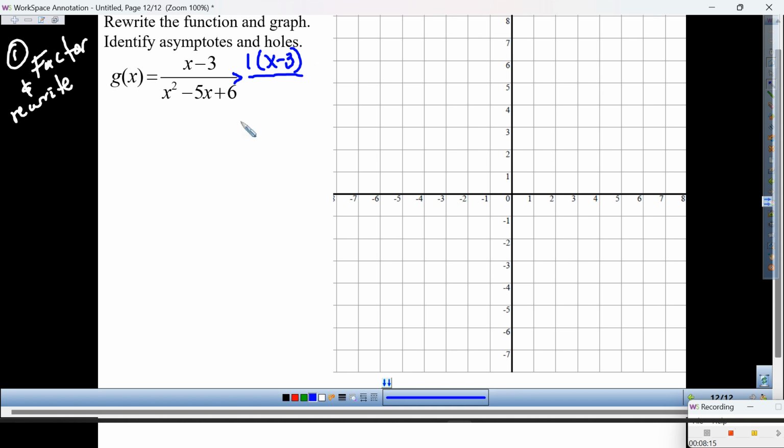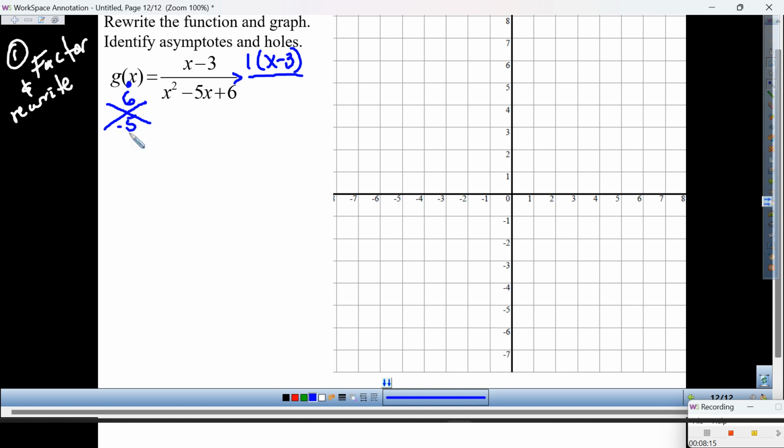Next, how do we factor the denominator? Tell your neighbor, please. Fabian? Six, negative 5.